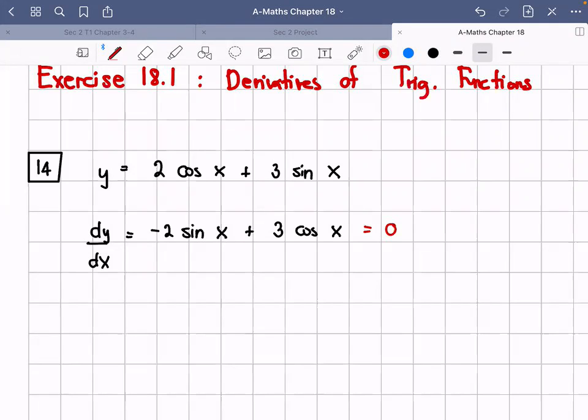Okay, so anyone just finished? What's the stationary point?